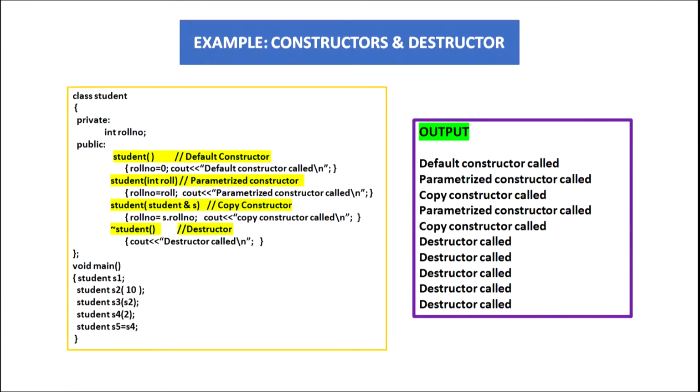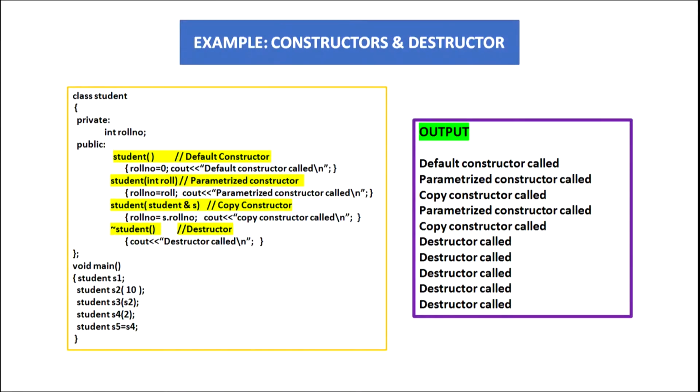Now, the next statement is Student S4 and within parenthesis S2. In this case, as we are passing the data value as parameter, the parameterized constructor will be called and it will assign the value to roll number and it will display the statement "parameterized constructor called" in the output window.